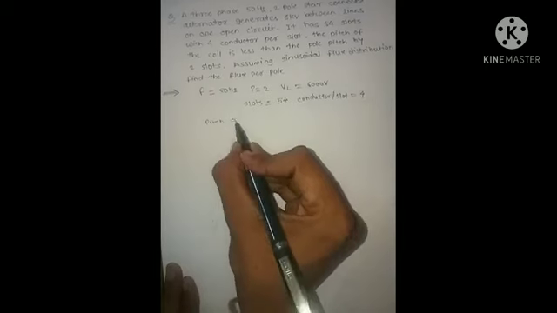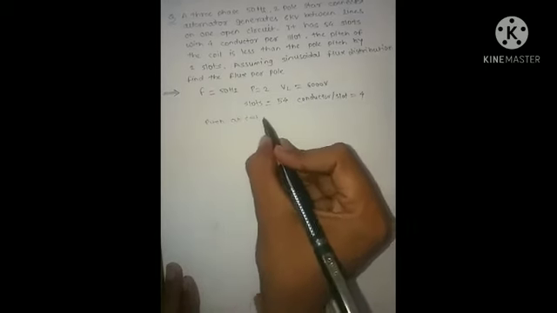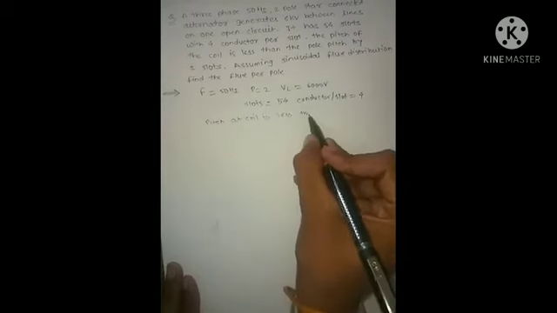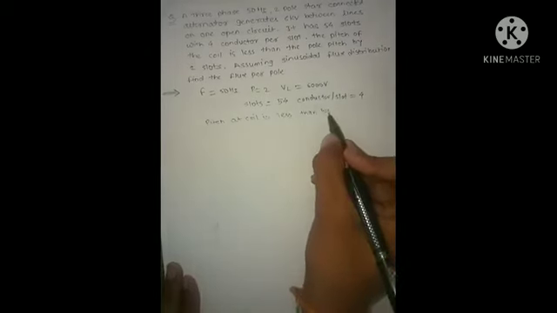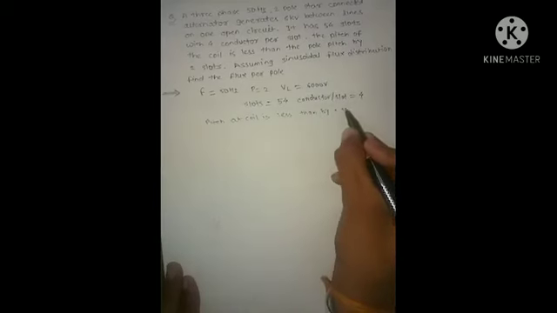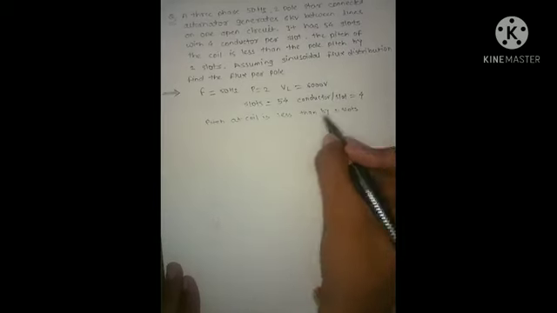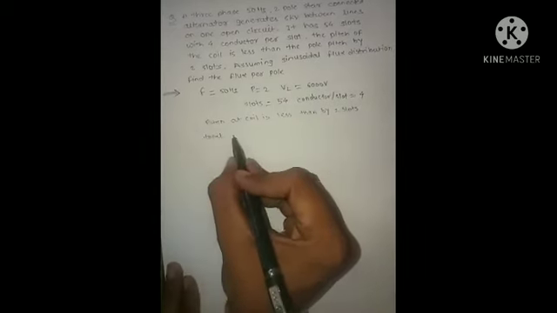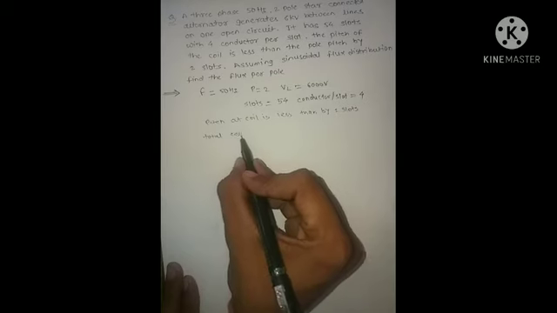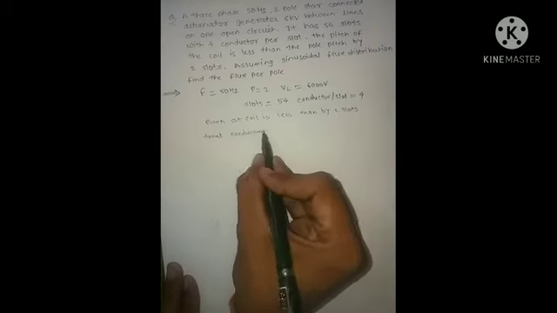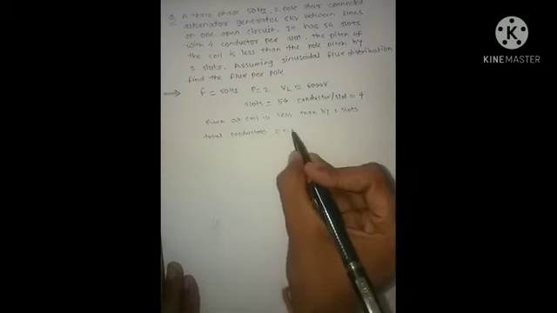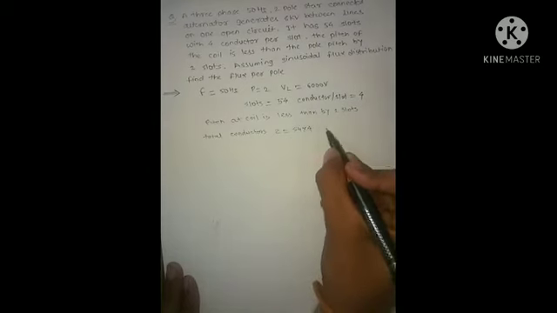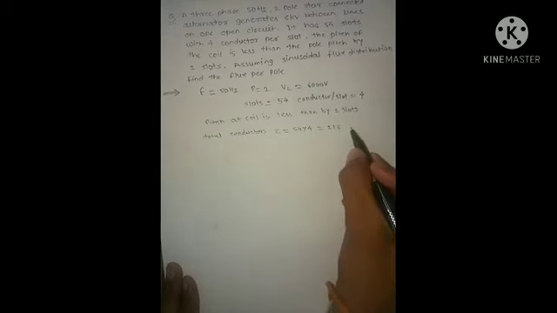Pitch of coil is less by 2 slots. Therefore, total conductors Z equals 54 into 4 equals 216.